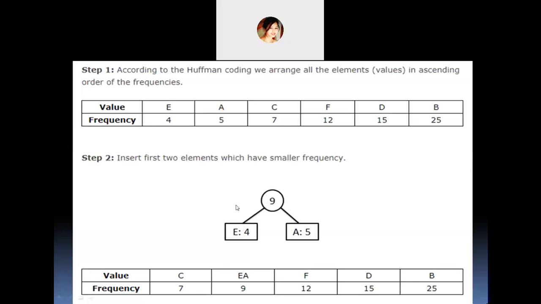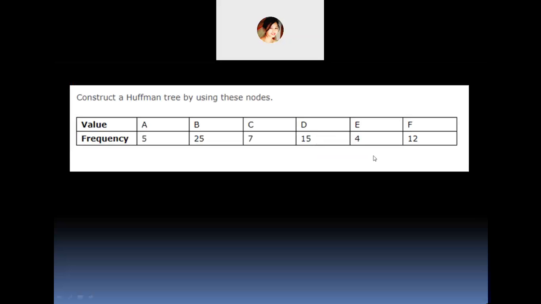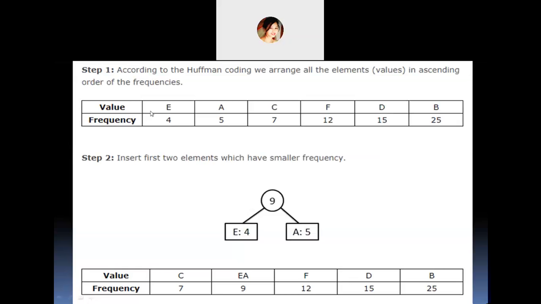So these values are given from A to F, and first you have to arrange all the elements in ascending order of the frequencies.